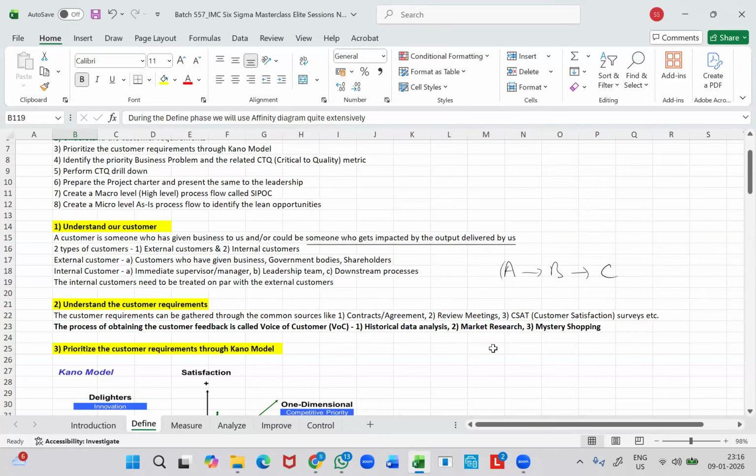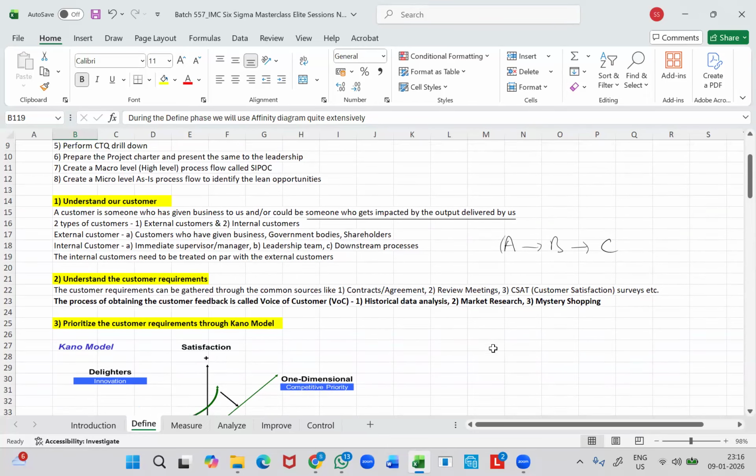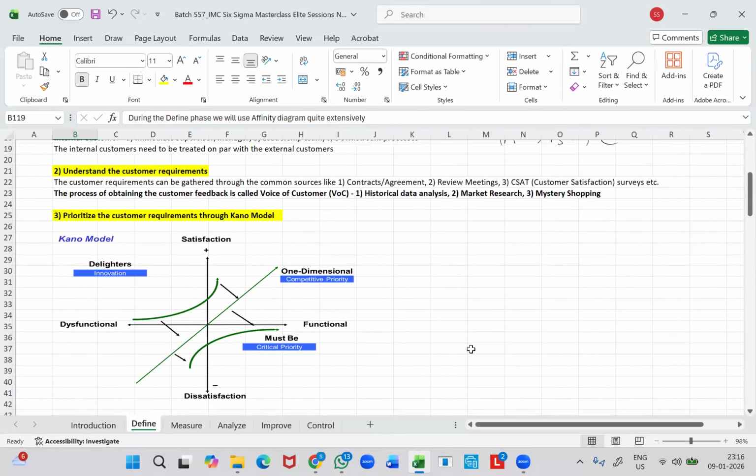And once we have gathered the customer requirements, we need to prioritize them by using a model called the Kano model, invented by the Japanese quality expert Noriaki Kano. The Kano model consists of three categories of customer needs.